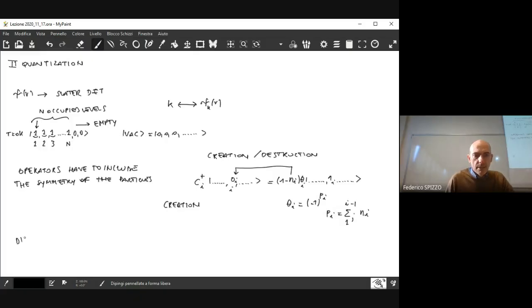The destruction operator makes the opposite. So the destruction operator removes one electron in the system.